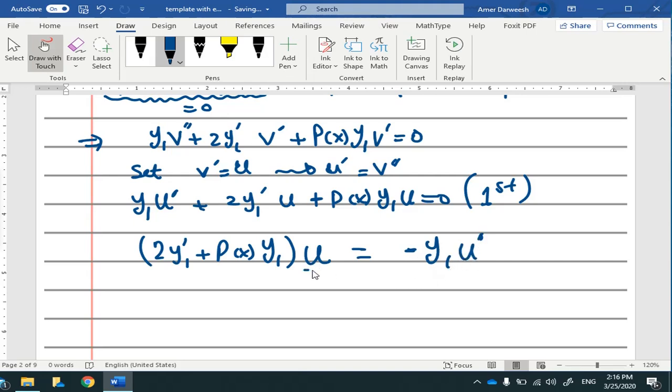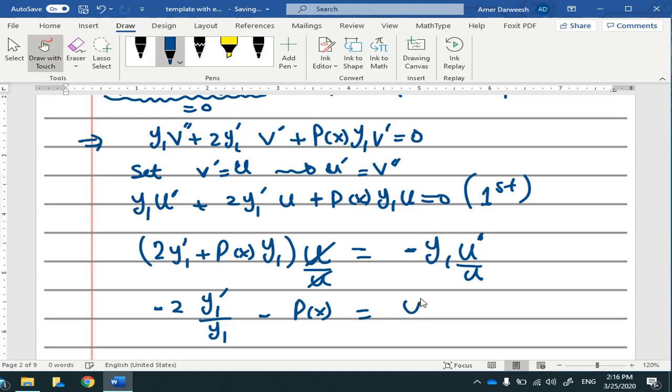Now divide both sides over u, and also divide over minus y1, so you get u prime over u equals minus 2y1 prime over y1, minus p of x, cancelling out y1 with y1.